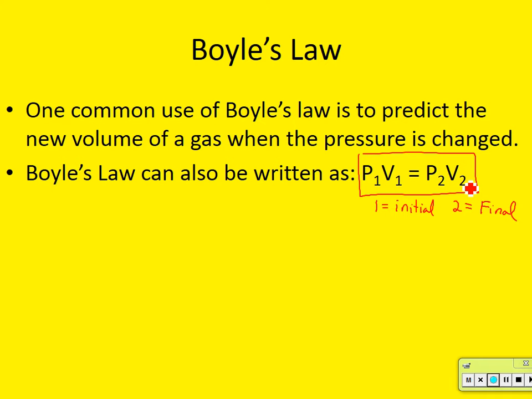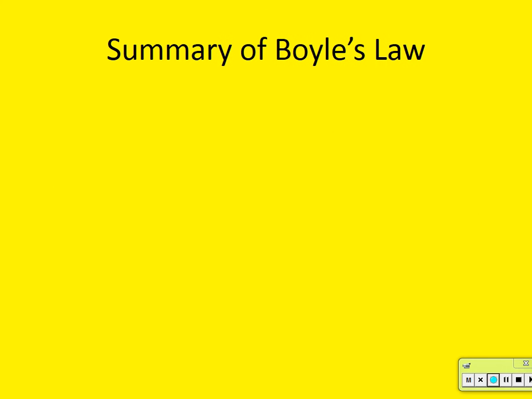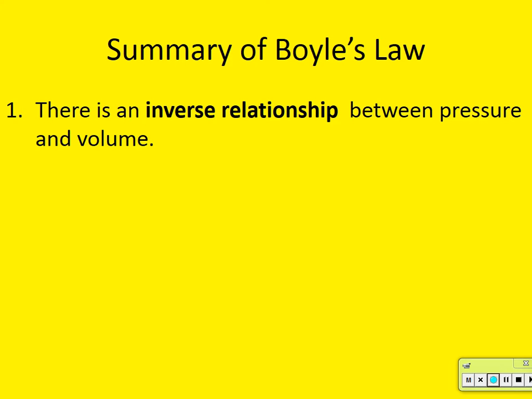We're going to use this equation a lot. I'm going to show you how to use it. So, a summary of Boyle's law real fast, and then we'll use that equation. There's an inverse relationship between the pressure and volume of a gas. As one goes up, the other one goes down.